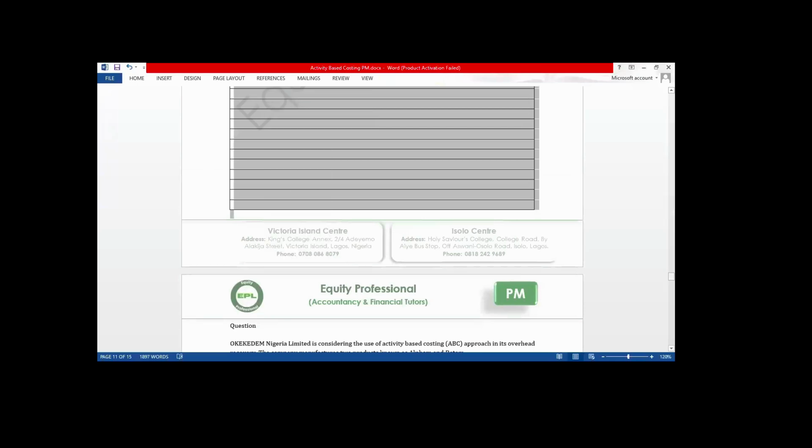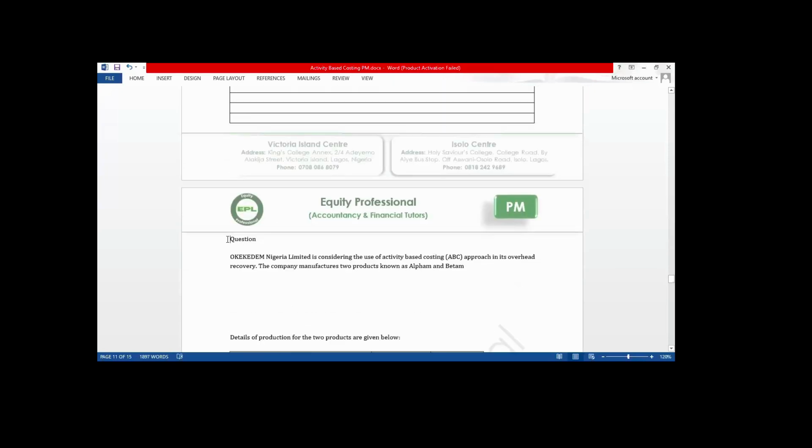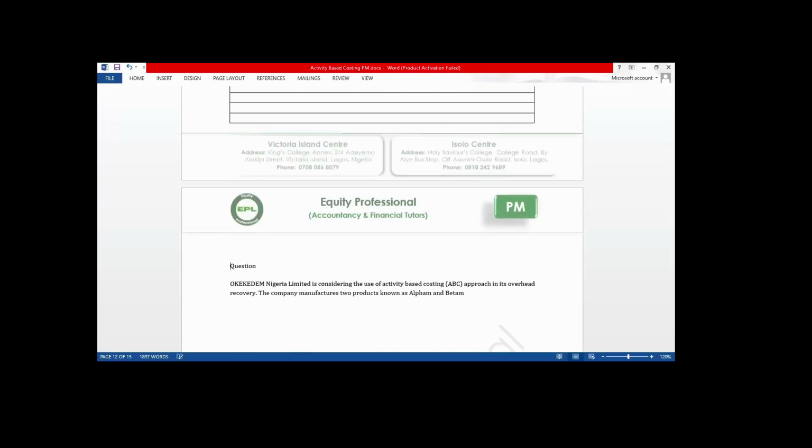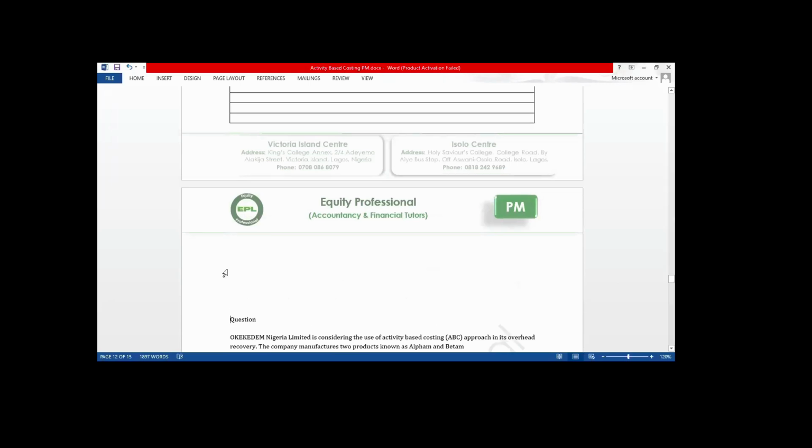I will repeat that. Activity-based costing is a costing method that accounts for overhead by considering the various activities that have given rise to the overhead. These activities are used to account for overhead.